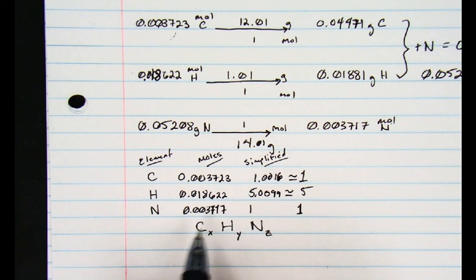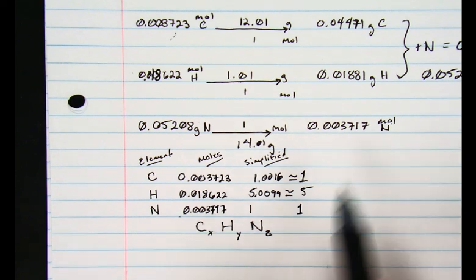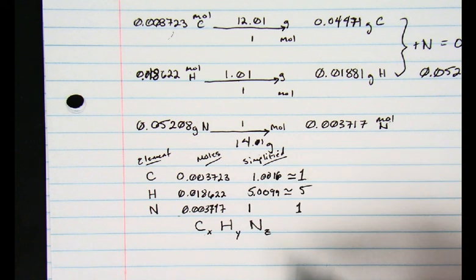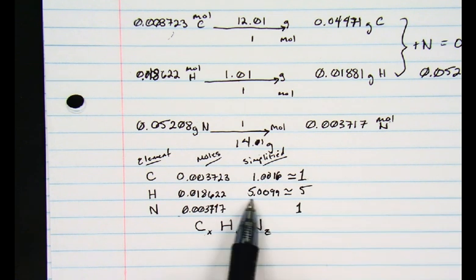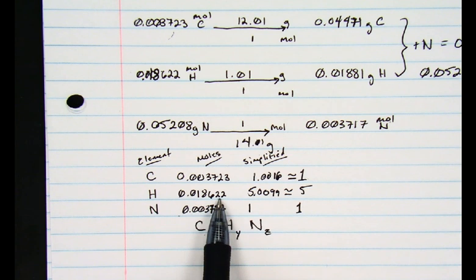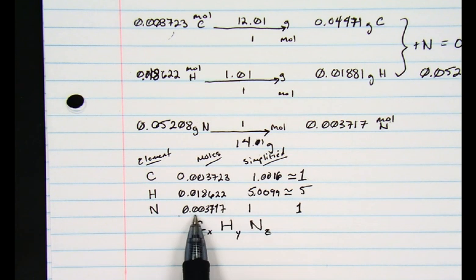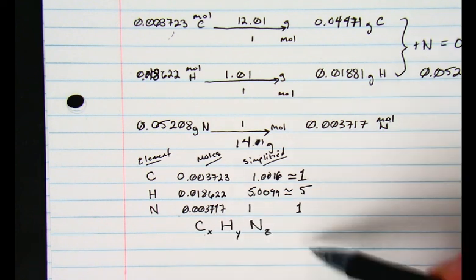When we divide everything by the smallest mole, which in this case happens to be nitrogen, 0.003717, for carbon we get approximately 1. 1.0016, that's approximately 1. Same with hydrogen. When we divide 0.018622 by 0.003717, it comes out to be approximately 5. So this is a nice whole number ratio here.